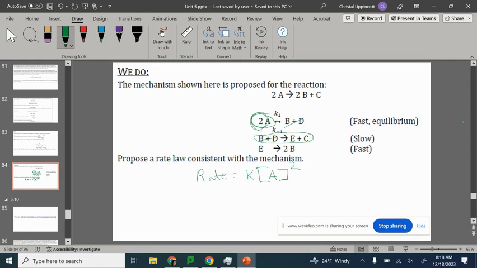So you have to go back and find where these intermediates came from in order to substitute them in to become your rate law. Does that make sense?